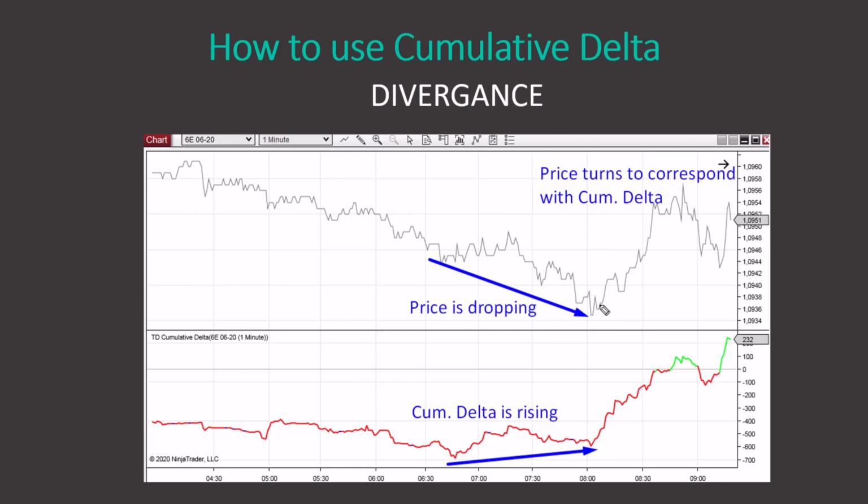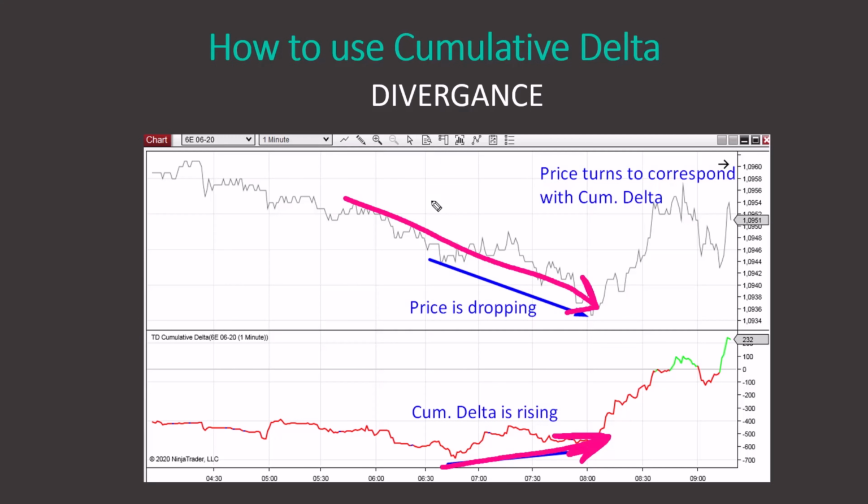In this example, what it is telling you is that price was dropping, but at the same time, buyers were more aggressive than sellers. But still the price was dropping, which is quite unusual, isn't it? So you look for those unusual cases when delta is telling you something different than the price action chart.